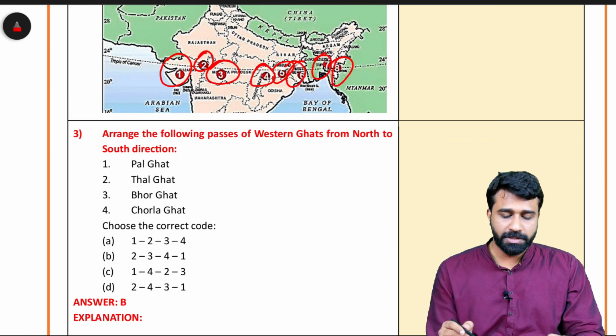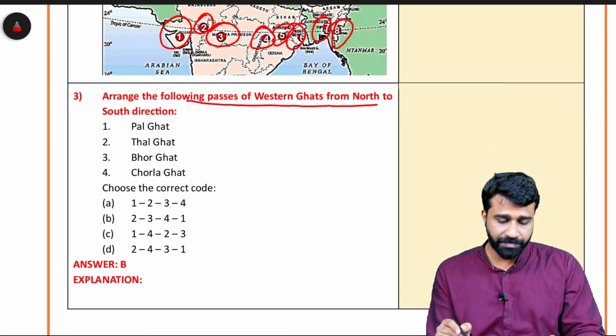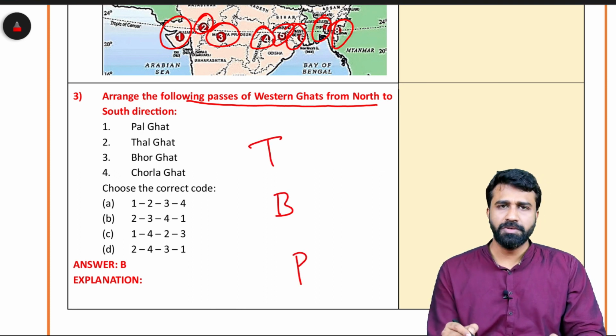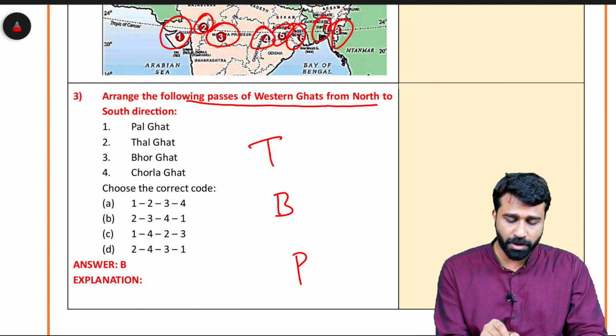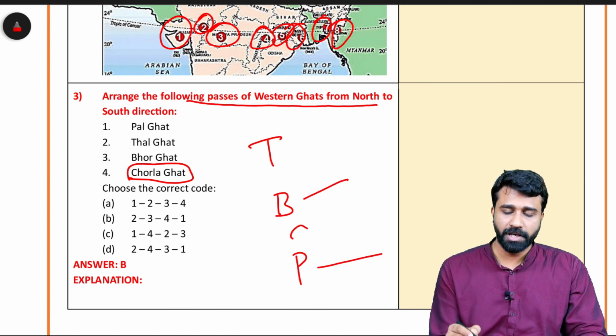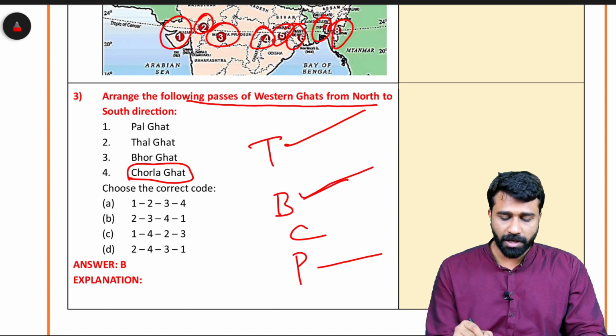Next, coming to the third question: arrange the following passes of the Western Ghats from north to south. You have TBP, an order which I always use to remember, but in between you also have another ghat, that is Chorla Ghat, between Bor Ghat and Pal Ghat. So Thal Ghat, Bor Ghat, Chorla Ghat, and Pal Ghat.